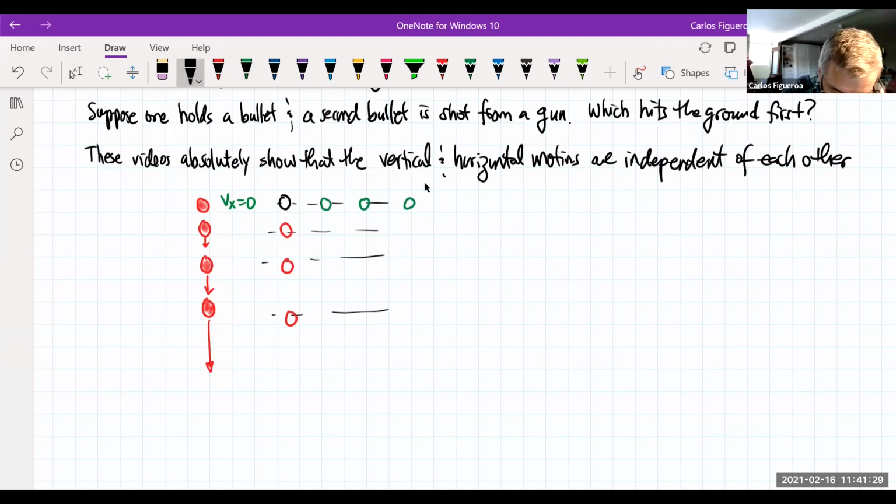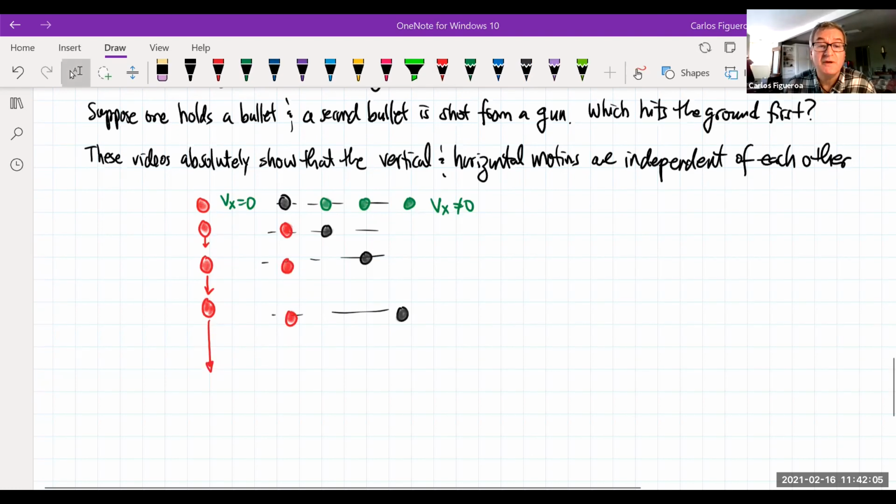And when you see the superposition, you're seeing that these two motions, even though this has a Vx that's not equal to 0, it's constantly, the superposition then tells you that these guys can have different motions horizontally, but their y's are completely independent of that x, and therefore you get the same type of ball hitting the ground at the same time.